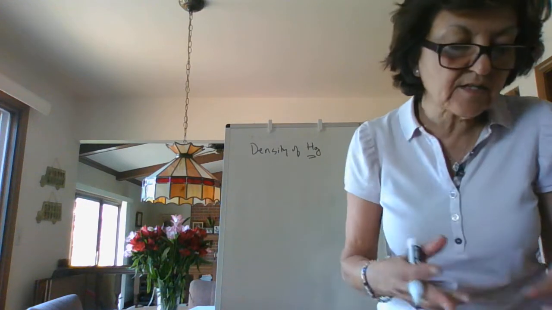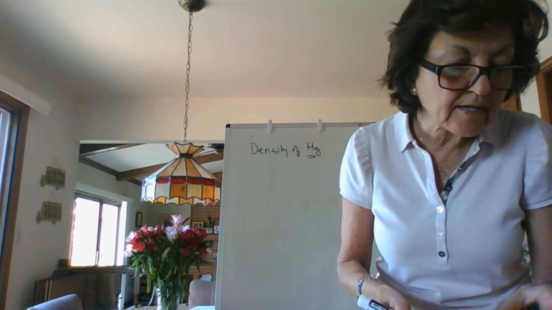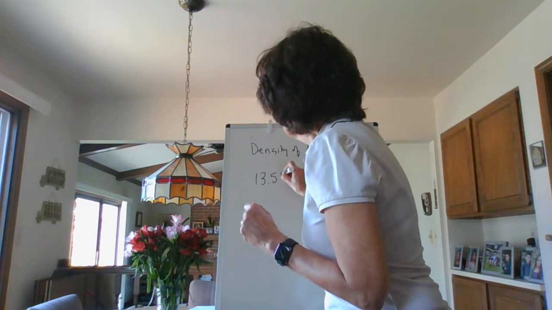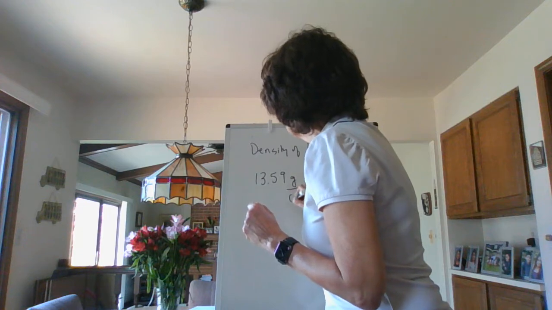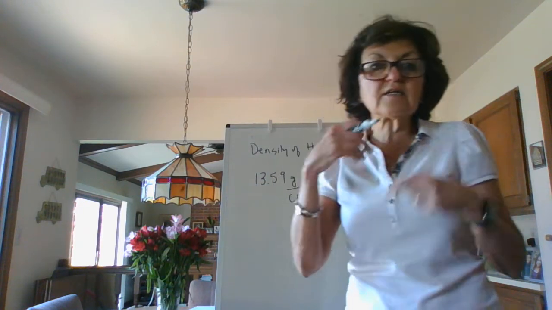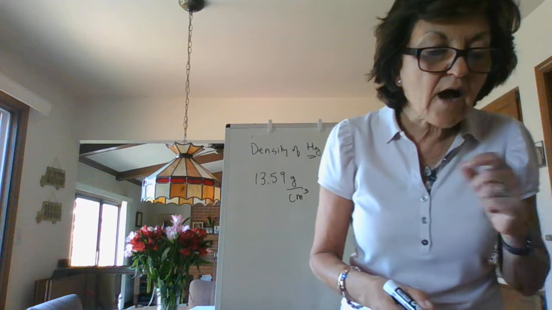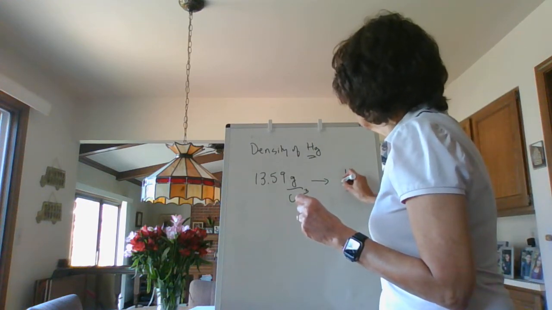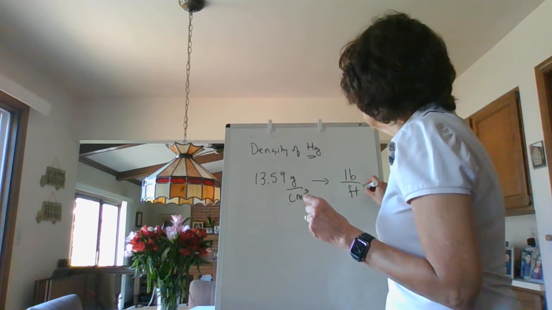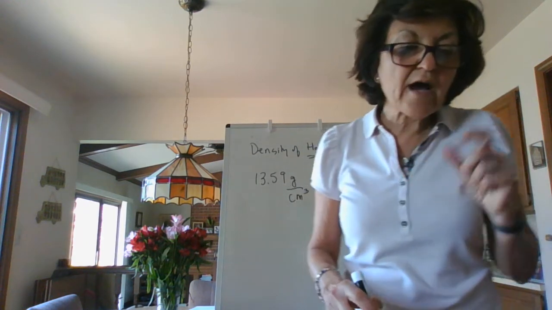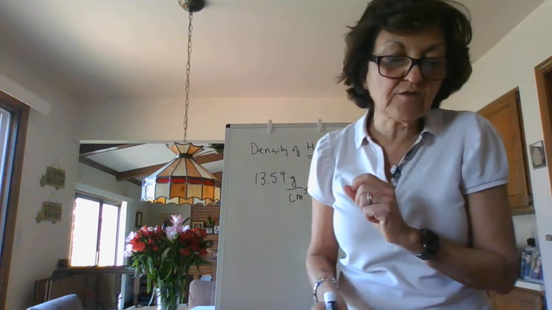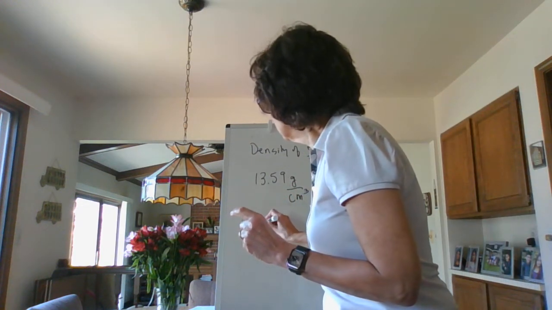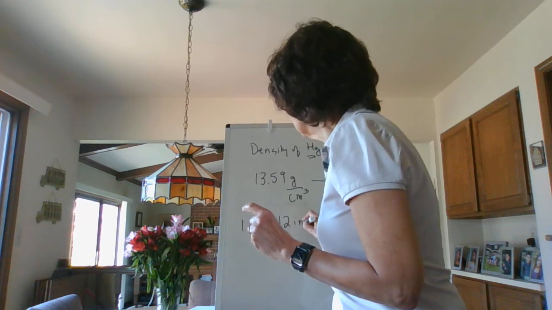So I was given the density of mercury as 13.59 grams per centimeter cubed. Remember, density is mass per volume. And I want to convert that to pounds per feet cubed. I am going to be given a few conversion factors. I know that 1 foot is 12 inches.